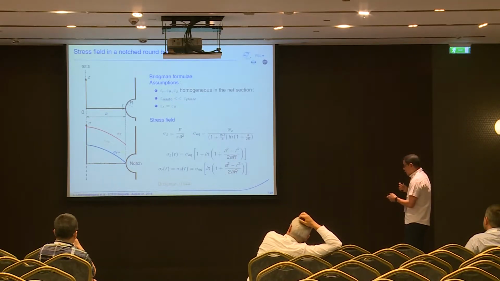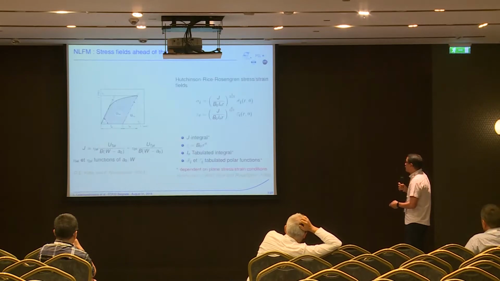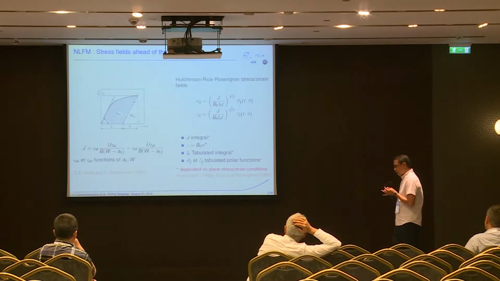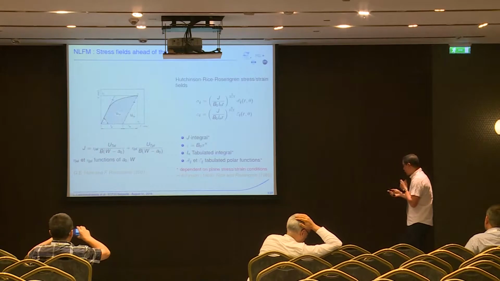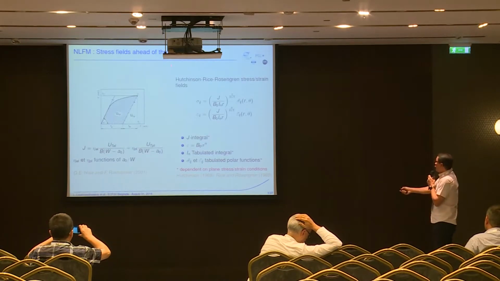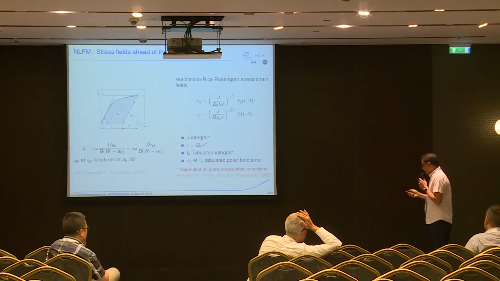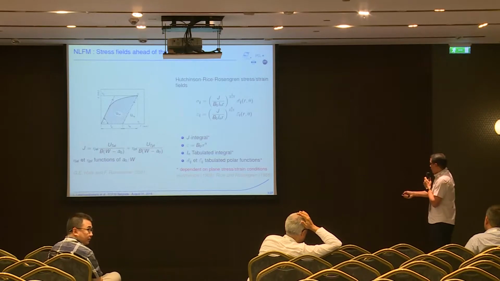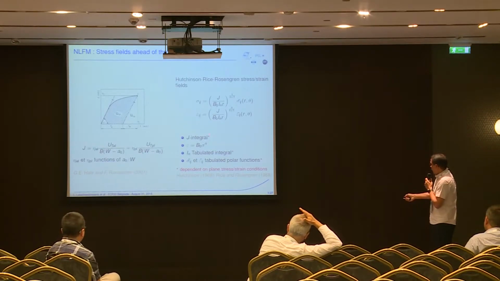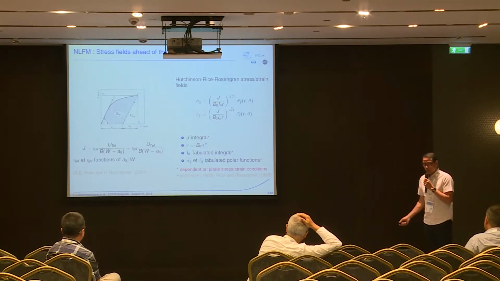In opposition to this, for the stress field of nonlinear fracture mechanics, you know that the stress singularity is on the notch root, not in the center. You can see the theory here, but I have put some red stars, meaning that this parameter is dependent on the plane strain or plane stress condition.